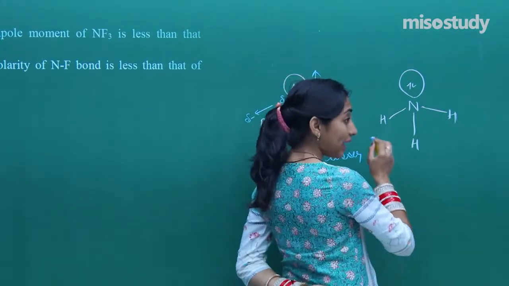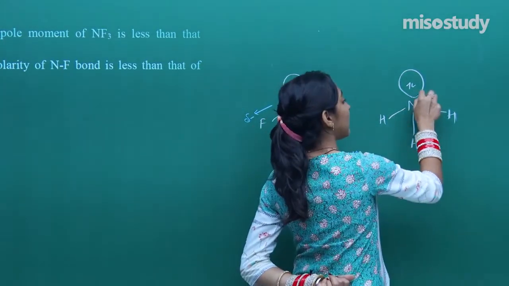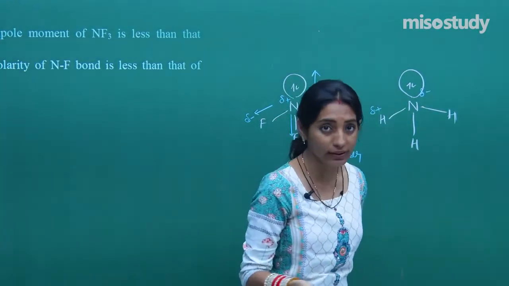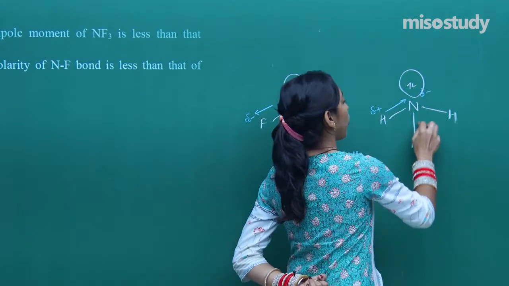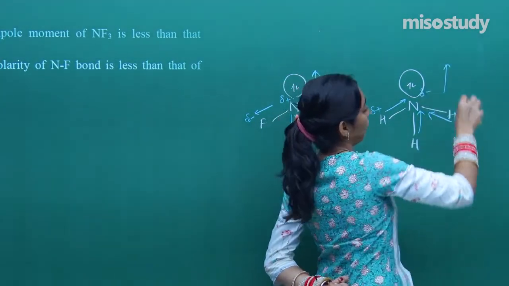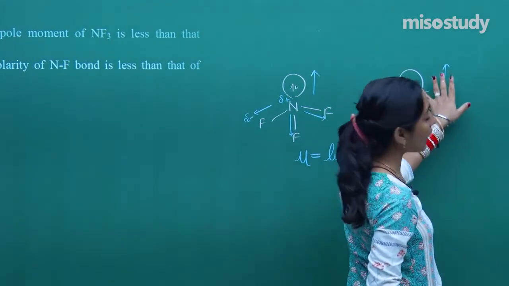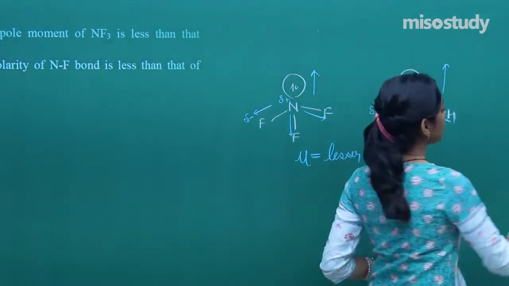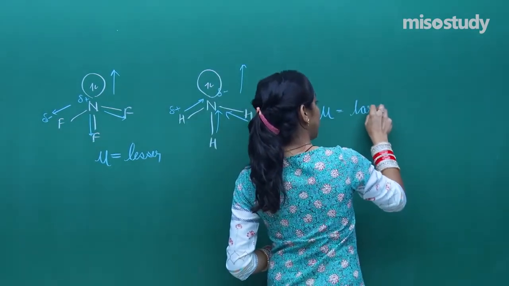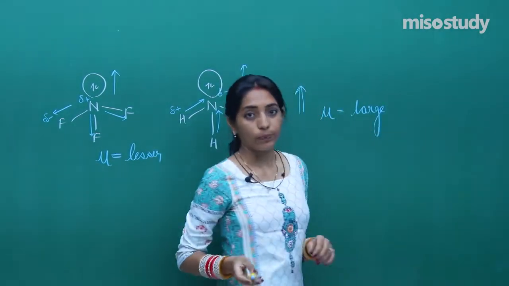Now in the case of NH3, nitrogen is delta minus compared to hydrogen because hydrogen is more electropositive. So the dipole will be from positive to negative and for the lone pair the dipole will be in the upward direction. So you can say all the dipoles are there pointing in the upward direction, so they will get added up and the final mu will be a large value, right.